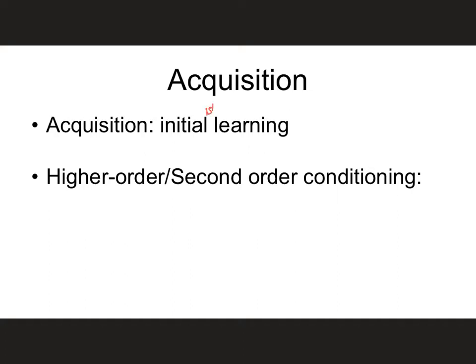So once you first learn something. And this is important for classical conditioning when you're pairing two things together, because you need to think about how quickly you need to make the pairing for learning to occur, is the question.